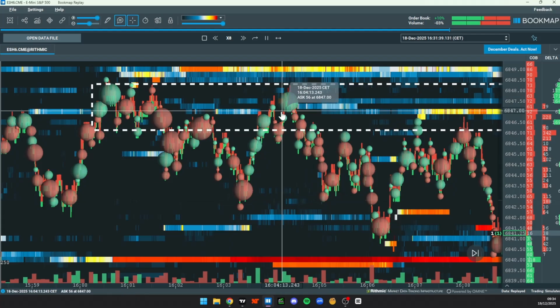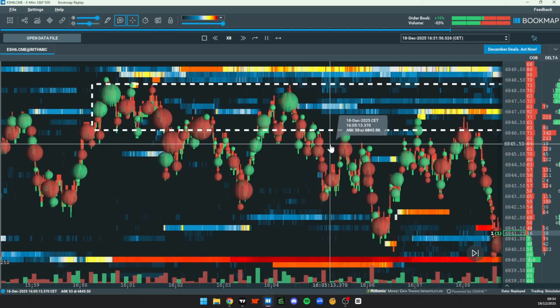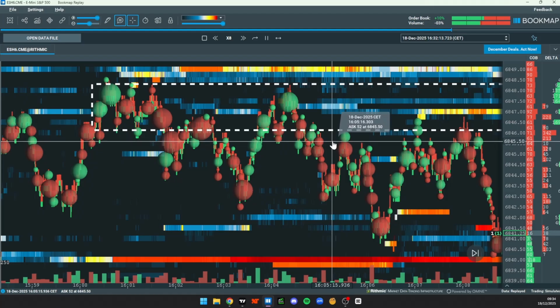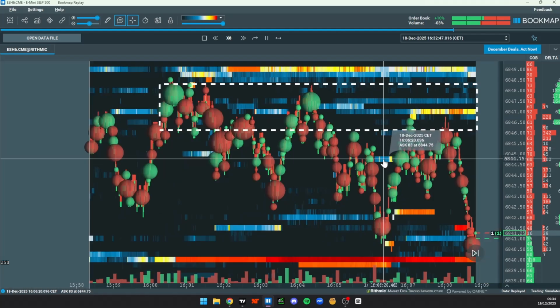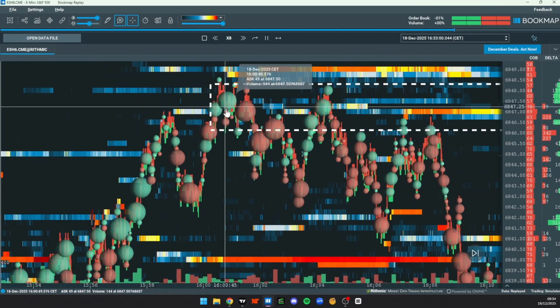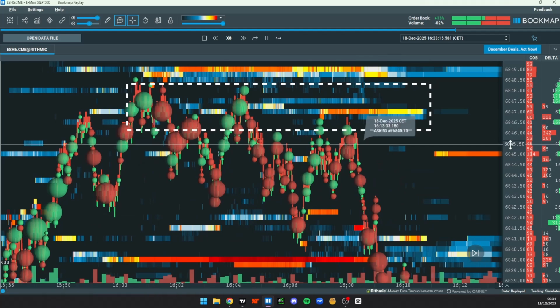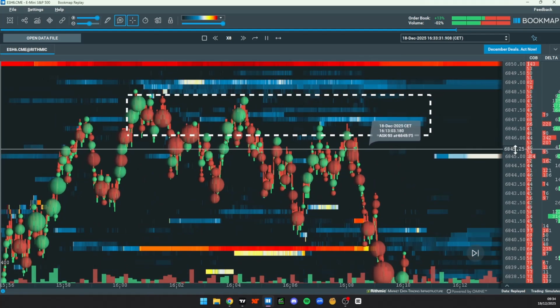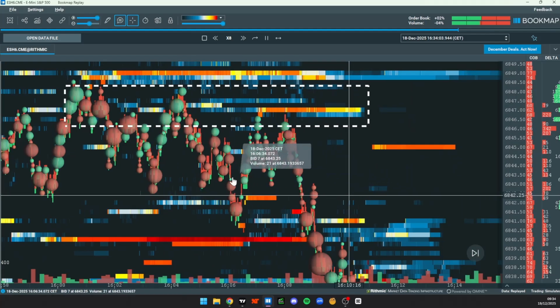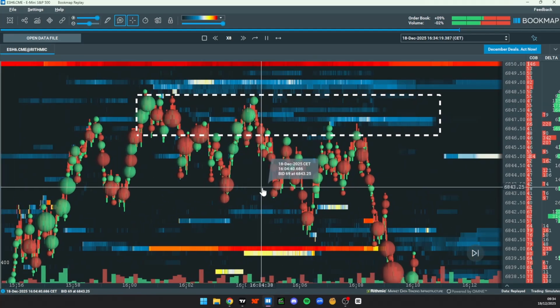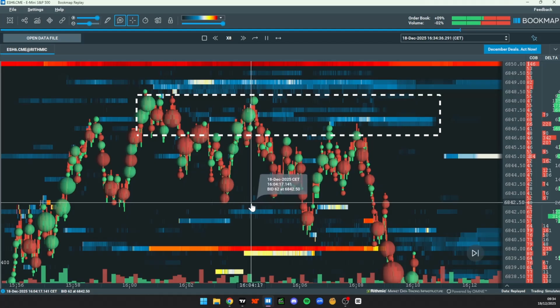Obviously, other people use Footprint and the Bookmap, and they look at the cumulative delta as well, and they look at VWAP, and they look at so many things, and it might work for them. For me personally, I just rather stick to one order flow tool where I can pretty much see everything, because all order flow tools, you pretty much see the same thing, just different visually. And you can understand each platform a little bit differently and use it for its own benefits.